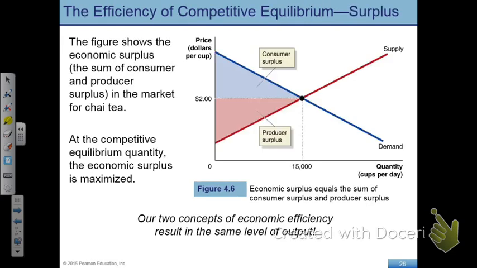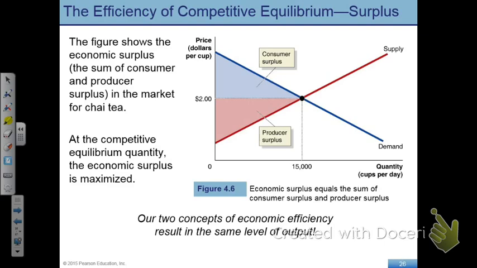I want to move back a little bit, move to the next slide. At 15,000 units of output and at the equilibrium price of $2, the upper triangle, the blue one, is our consumer surplus, and the lower triangle, the pink one, is our producer surplus. So our economic efficiency is the sum of these two triangles, which by itself is a triangle, right?